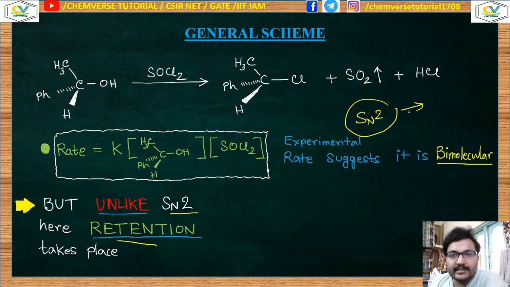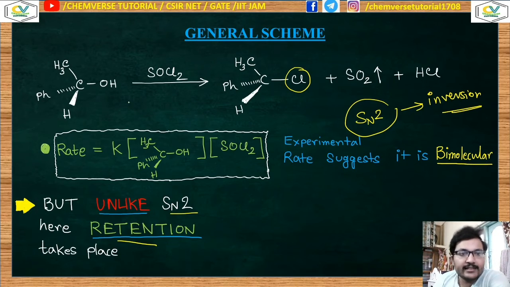You know that for SN2 inversion should take place, but here the chlorine, which is the nucleophile, is attached to the side of the molecule where the leaving group was present. That means retention of configuration occurs here. So the mechanism is not as simple as SN2, and the reaction mechanism will be something different.